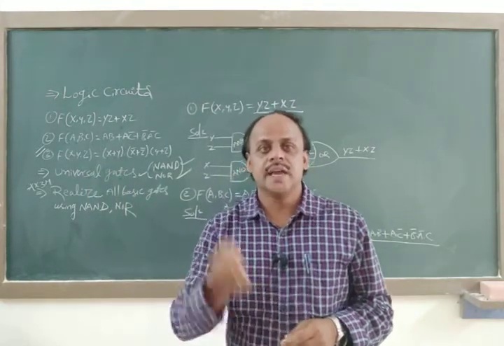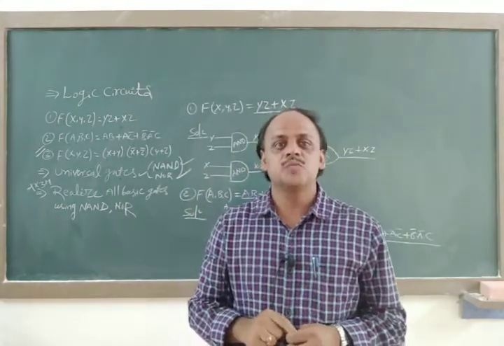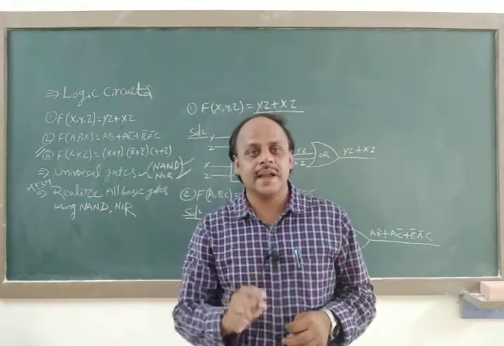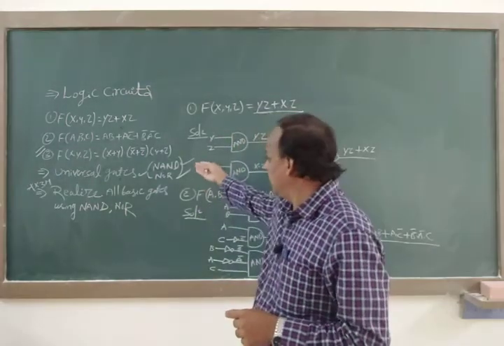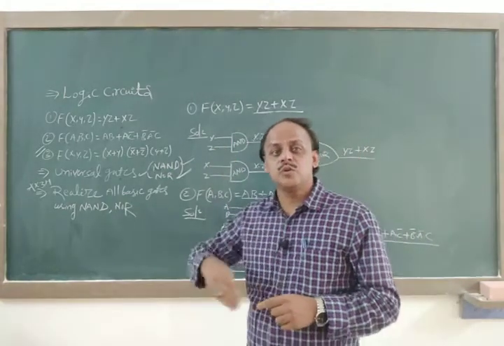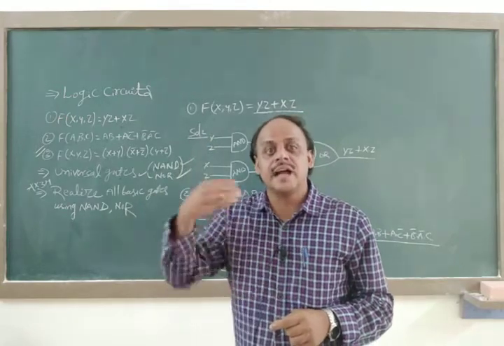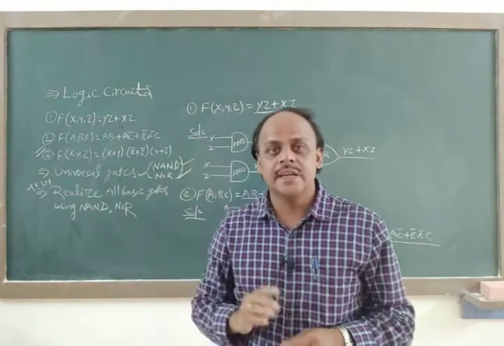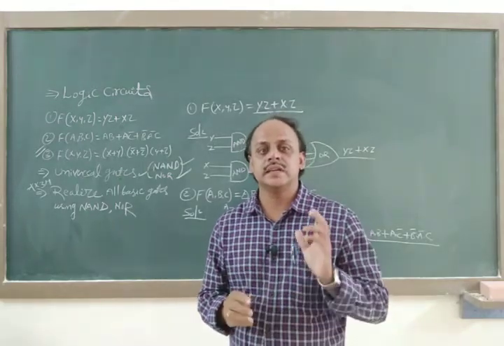Answer is, with the help of NAND gate or with the help of NOR gate, it is possible to realize all basic gates. Basic gates means AND, OR and NOT. So, by considering a NAND gate or a NOR gate, it is possible to get AND gate, OR gate, and NOT gate. Hence, NAND and NOR are called universal gates.